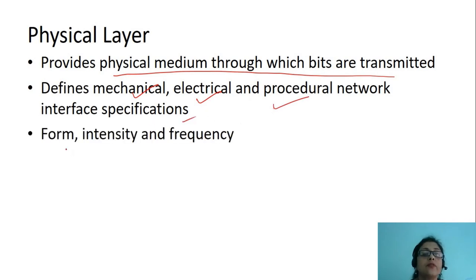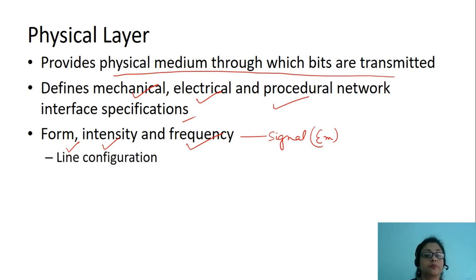It gives the form, intensity, and frequency of converting the bits to signal. It converts the bits to electromagnetic signal to be passed through the transmission medium so that it is compatible with it for easy transmission.